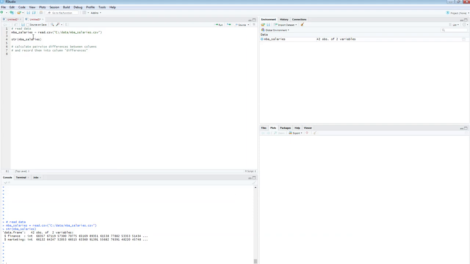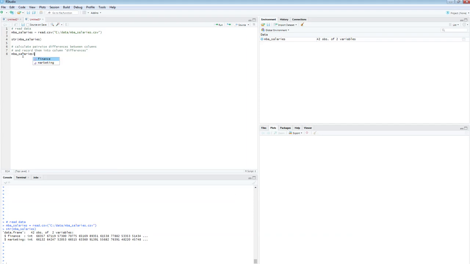Technically, what would I do in Excel? In Excel, I would calculate the difference between observation 1 and observation 2 on the first line, and then copy that formula down, so that each row gets the same difference. Here I don't have to do that. In my data frame, which is called MBA Salaries, I'm going to use the dollar sign, and it offers me two columns, but I'm going to create a third column.